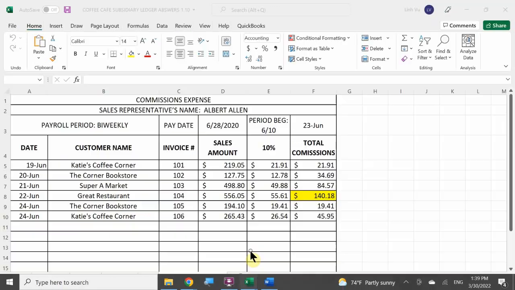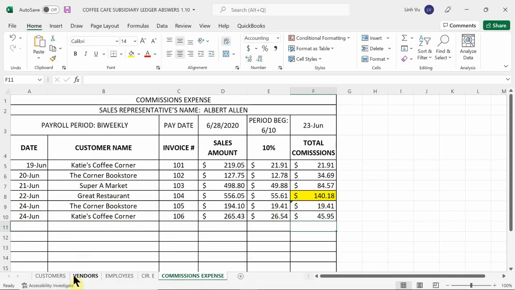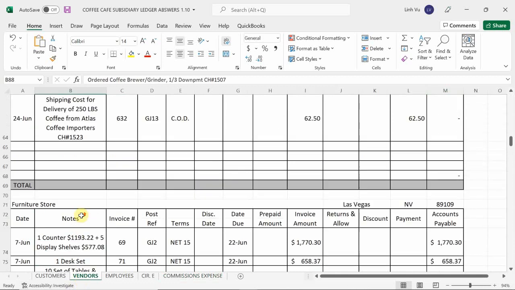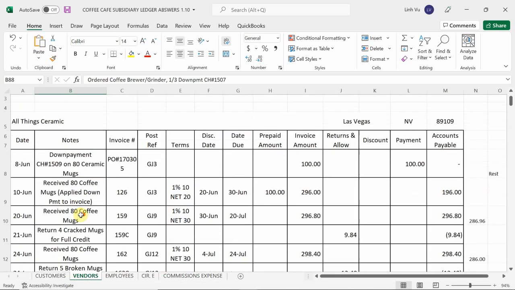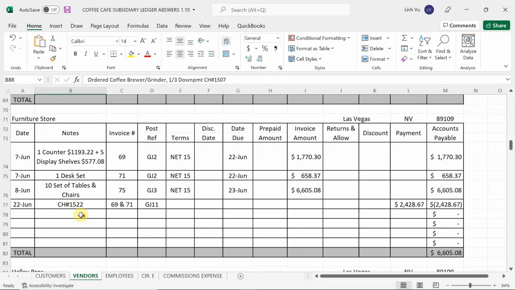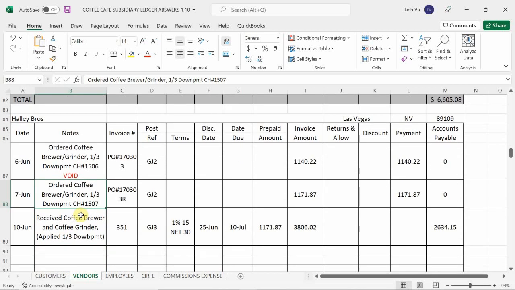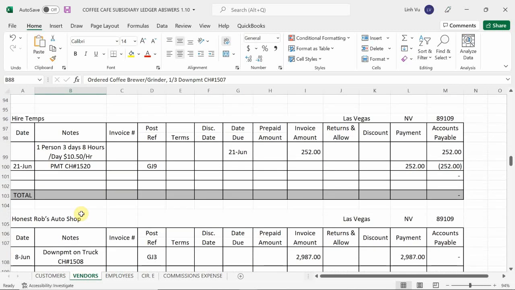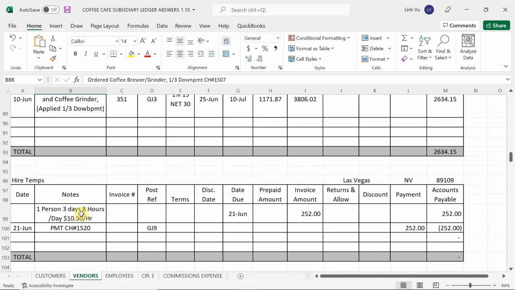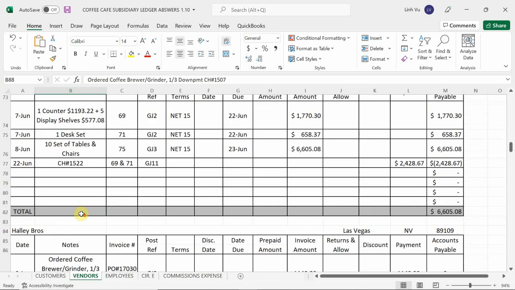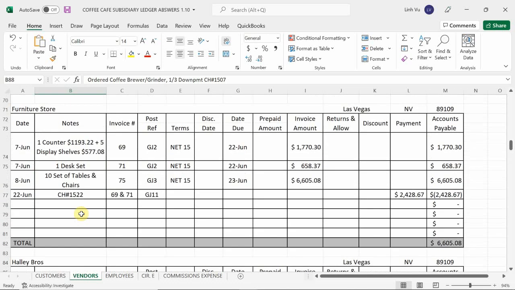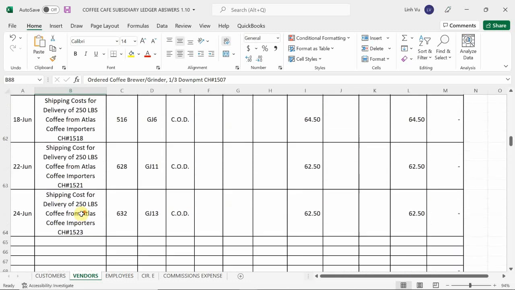In the subsidiary ledger. So we're going to backtrack into vendors. This is furniture store. No, that's not it. This is the freight line, Hallie Bros.